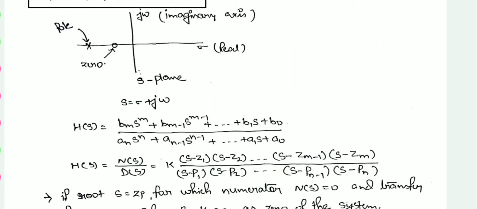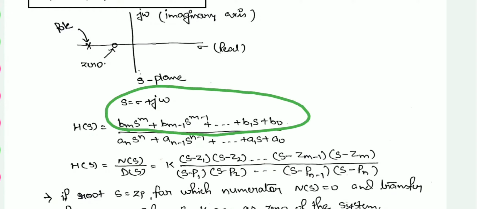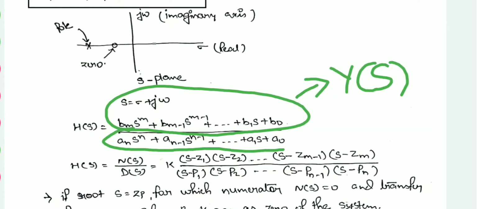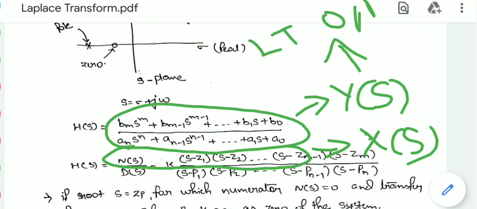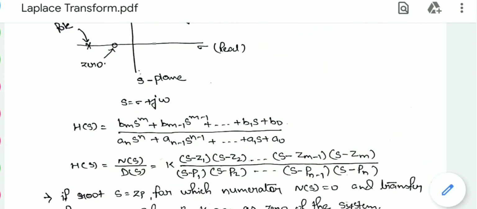This H(s), or the system behavior, is represented in terms of a polynomial equation. This is the output Y(s) and this is the input X(s), the Laplace transform of output and the Laplace transform of input.